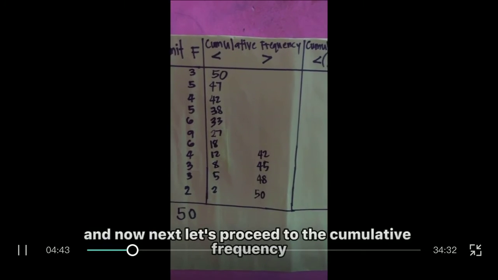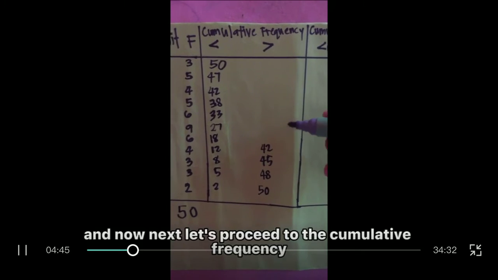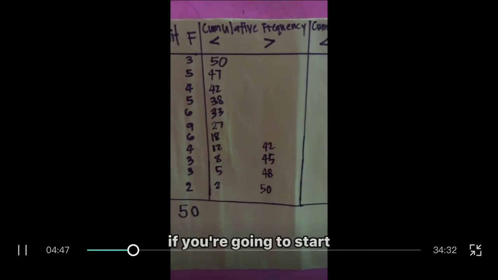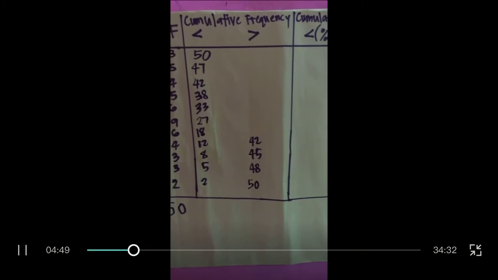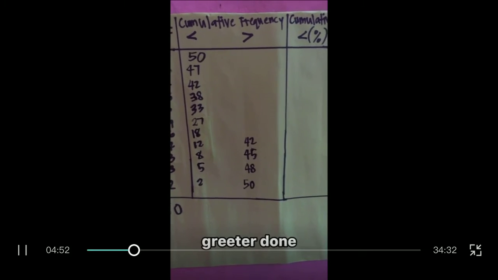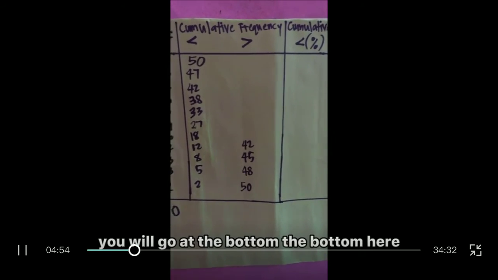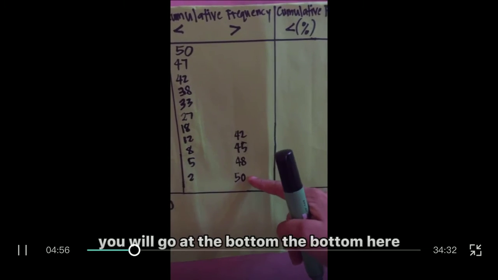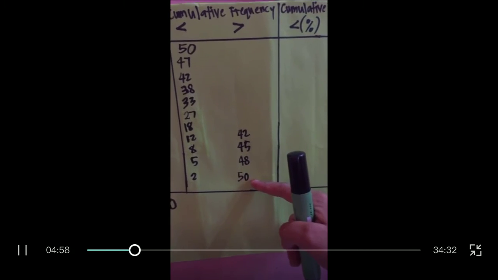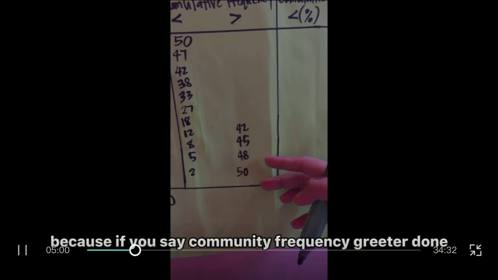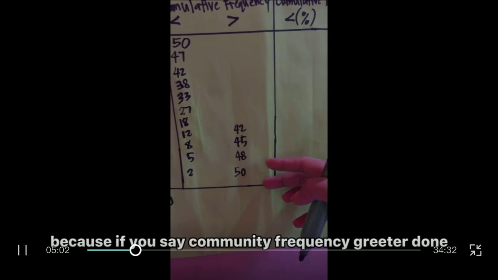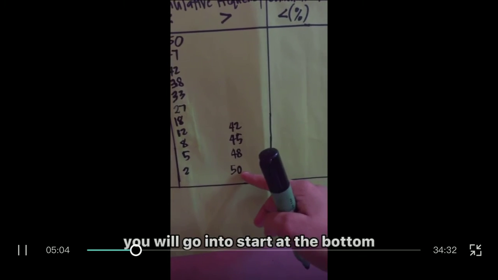Next, let's proceed to the cumulative frequency greater than. If you are going to compute the cumulative frequency greater than, you start at the bottom. You will write the 50 here, because for cumulative frequency greater than, you start at the bottom.